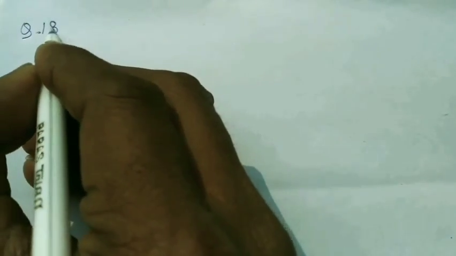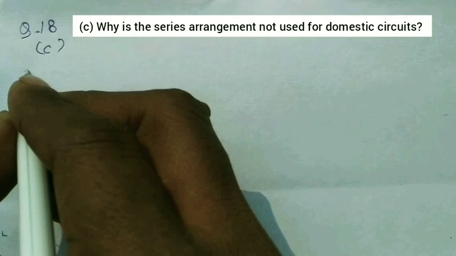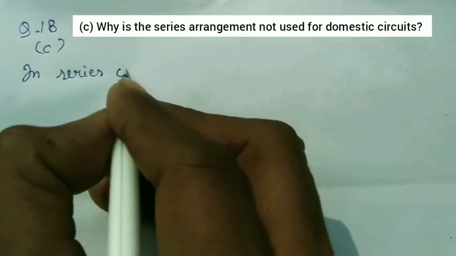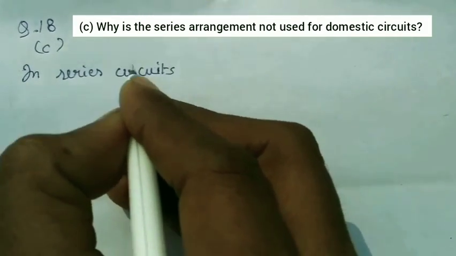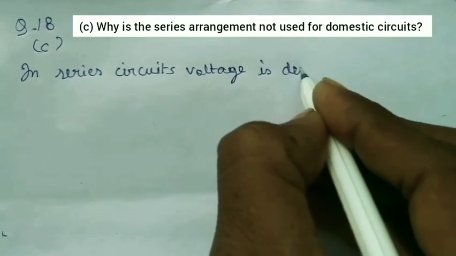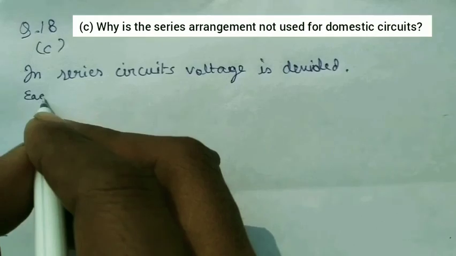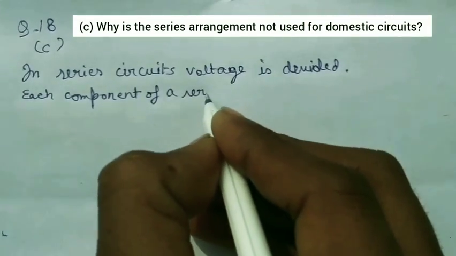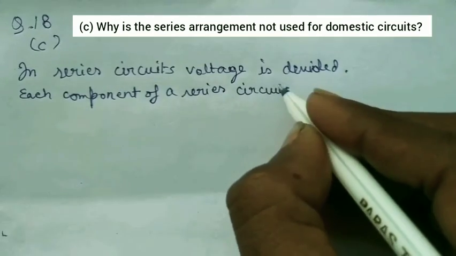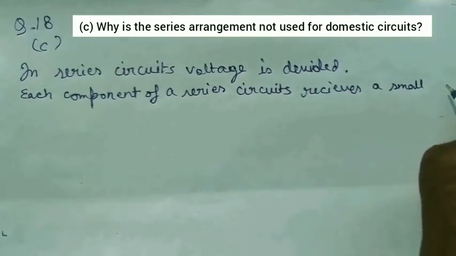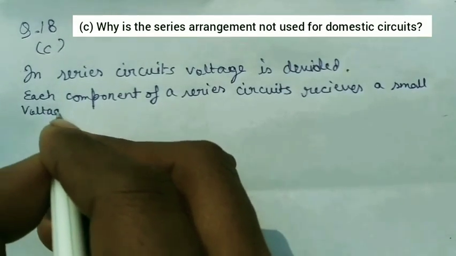Question number 18C. Why is the series arrangement not used for domestic circuits? In series circuits, voltage is divided. Each component of a series circuit receives a small voltage.